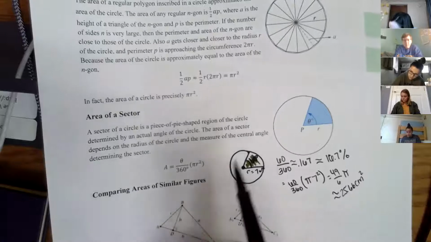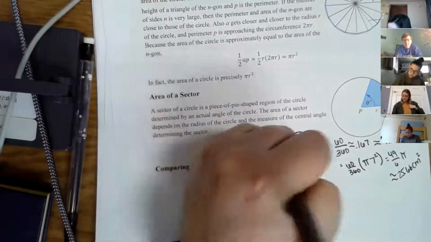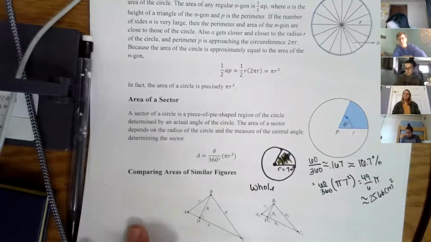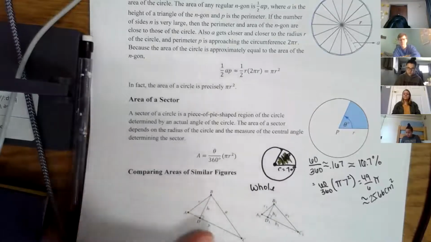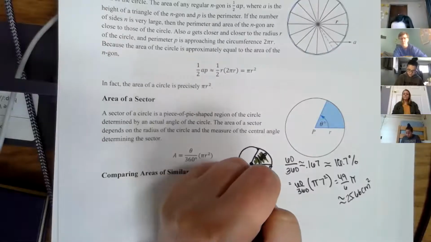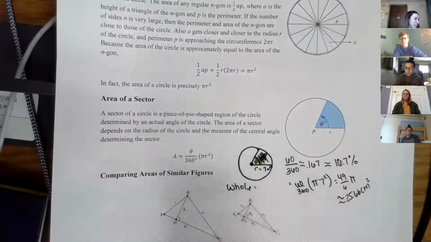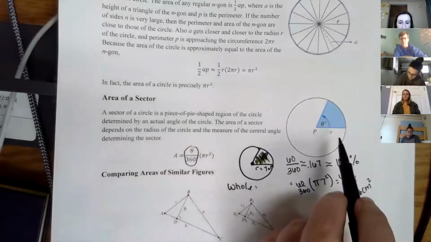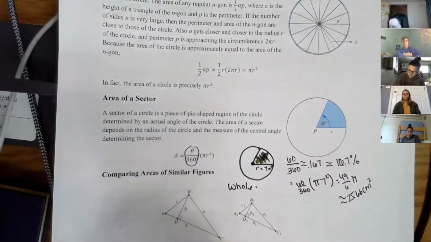Is this going to be 16.7% of my whole circle? If I just found the area of this whole circle, now you have to multiply it by 16.7%. A lot of people forget about this part and they freak out about how to do this problem because they forget they're just talking about a percentage of the circle.